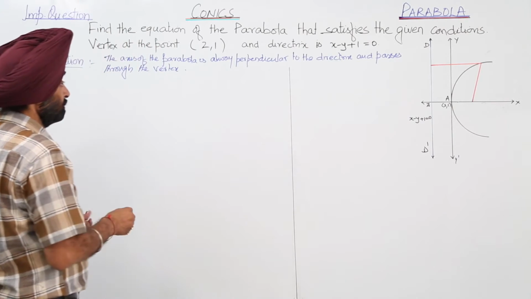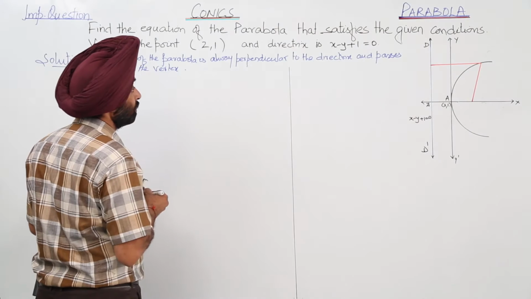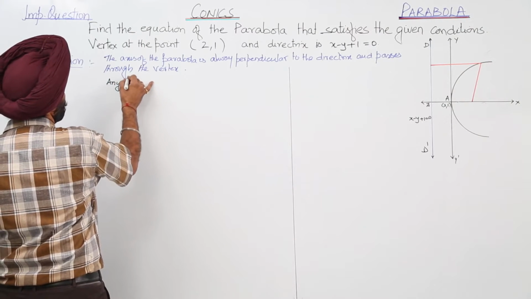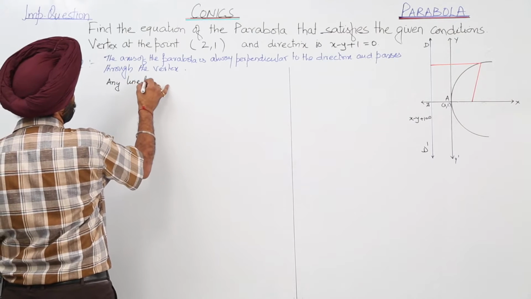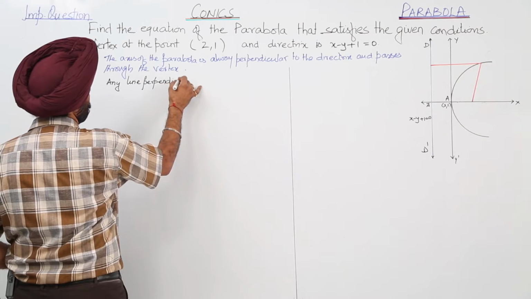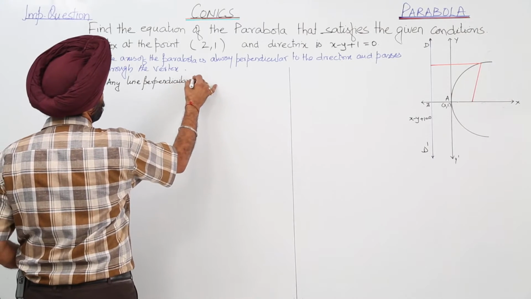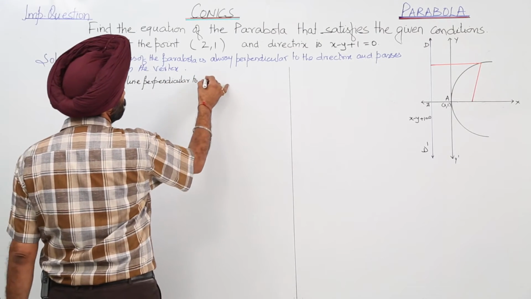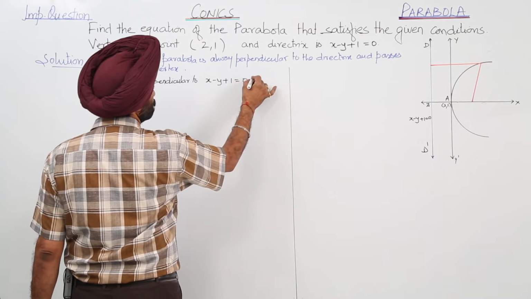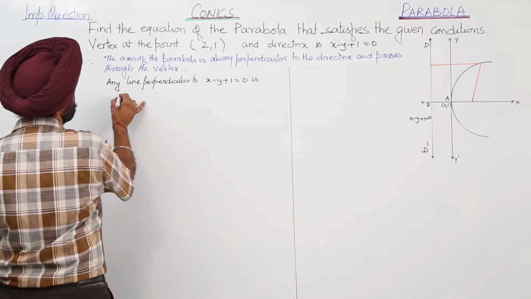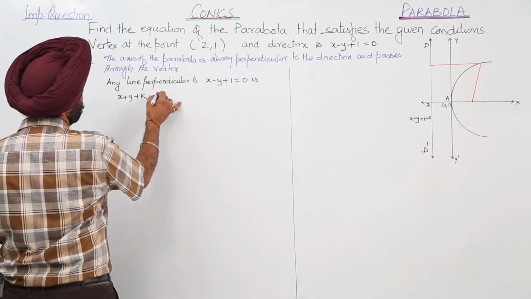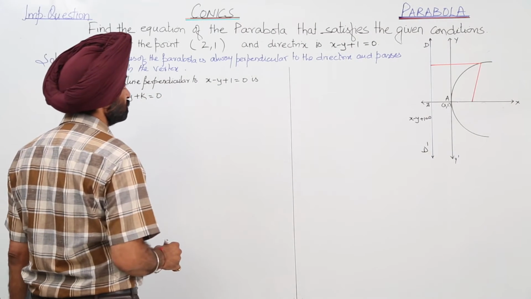Now any line perpendicular to x minus y plus 1 is equal to 0 is x plus y plus k is equal to 0.